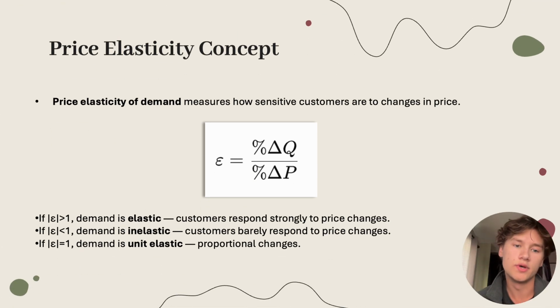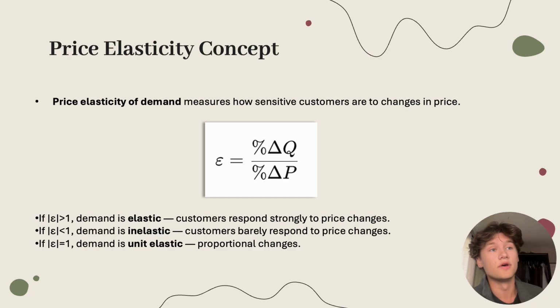So jumping right into it, the price elasticity concept or model basically measures how sensitive customers are to changes in prices. So we can see here, by using the formula of percent change of quantity over the percent change in price, we can decipher if the product is elastic or inelastic.